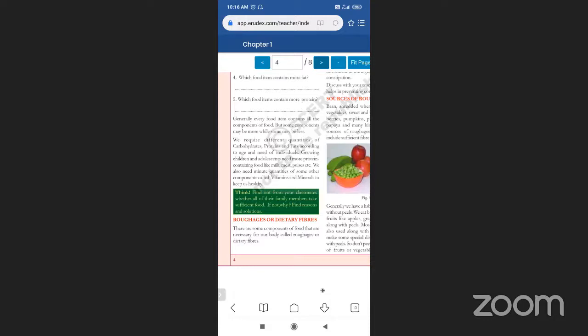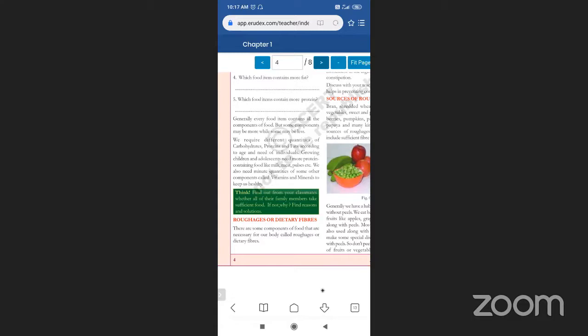Here, roughages will avoid constipation. Constipation means not having free bowel movement. Undigested food molecules will be in our body. Daily after the completion of the digestion process, undigested food molecules are separated in our body through the large intestine.